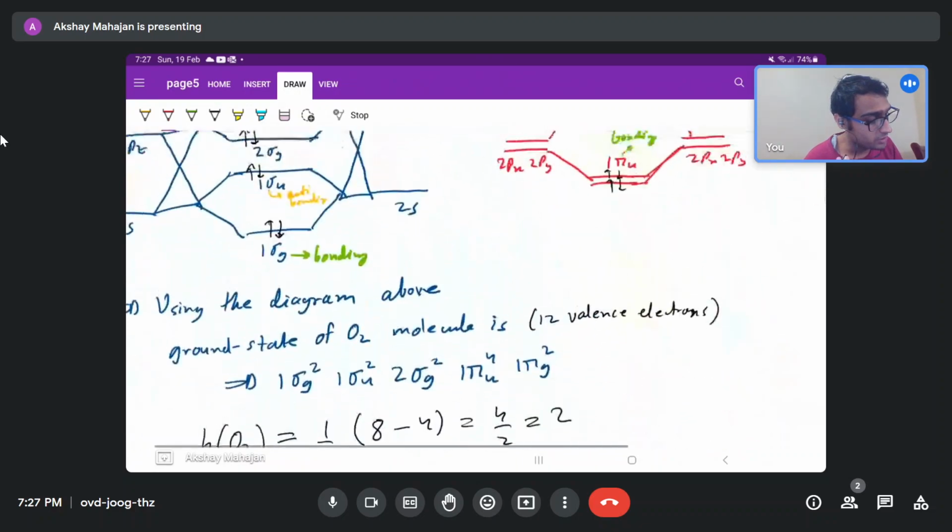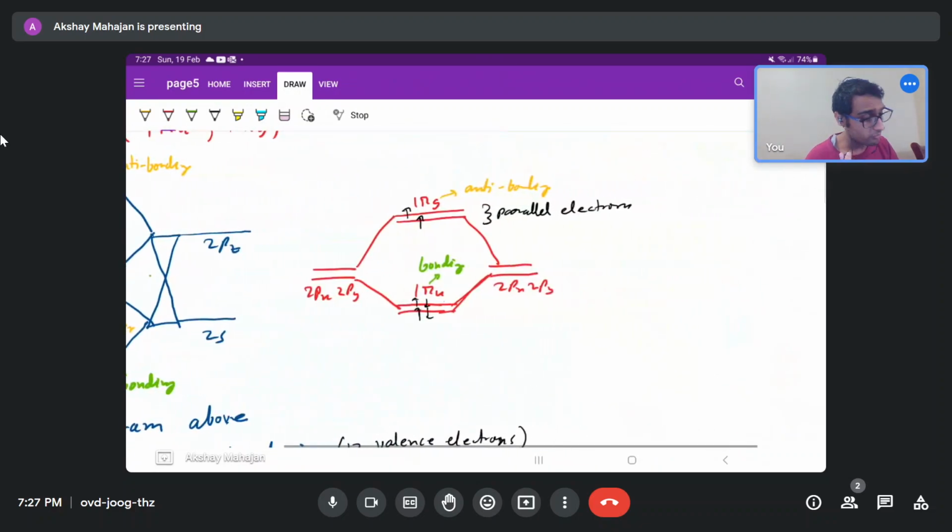Now as we discussed, when we put the last 2 electrons in the O2 molecule, these 2 electrons will go into 2 different orbitals of 1 pi g.